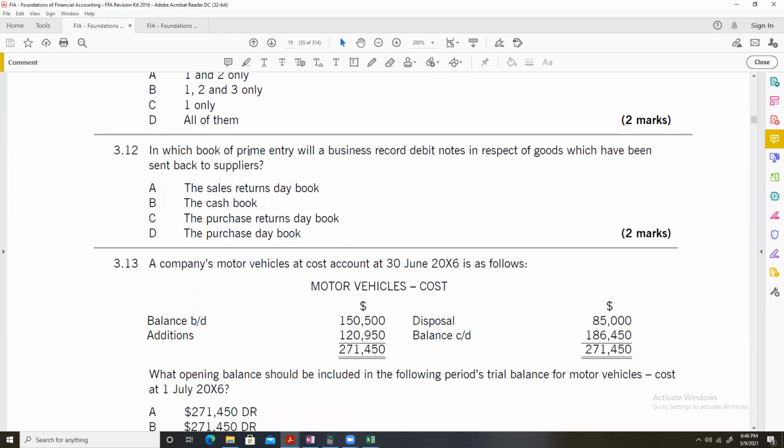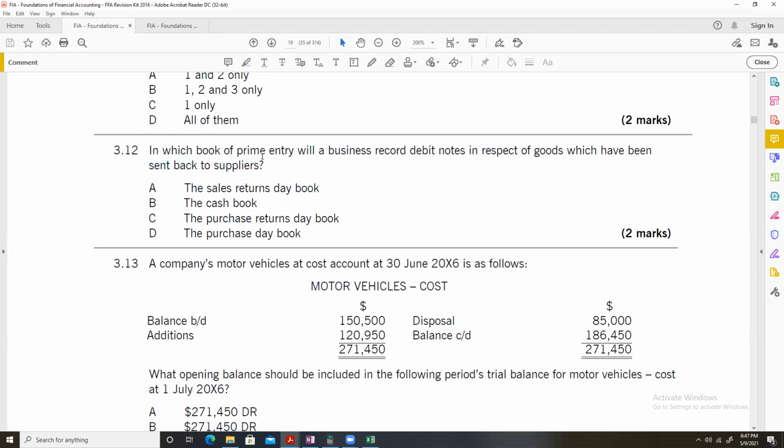Now, in which book of prime entry will a business record debit notes in respect of goods which have been sent back to the supplier?